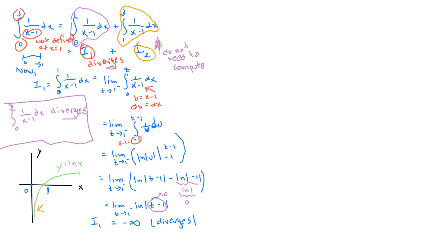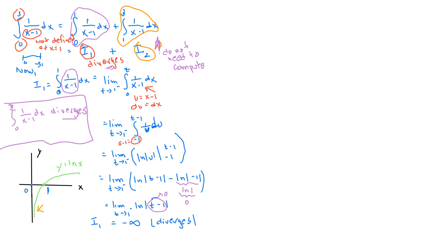We had finite area. But in this case, we have an asymptote at x equals 1 for the function 1 over x minus 1, and the area under the curve was infinite.